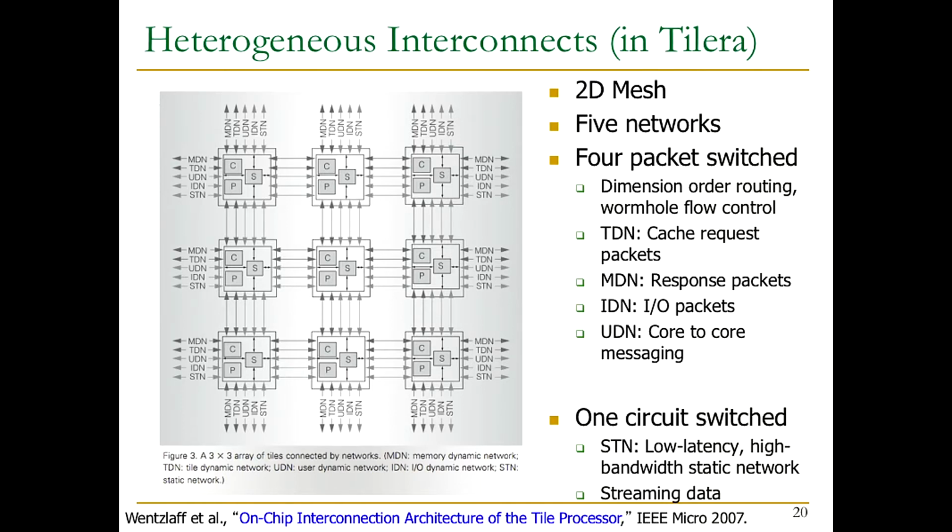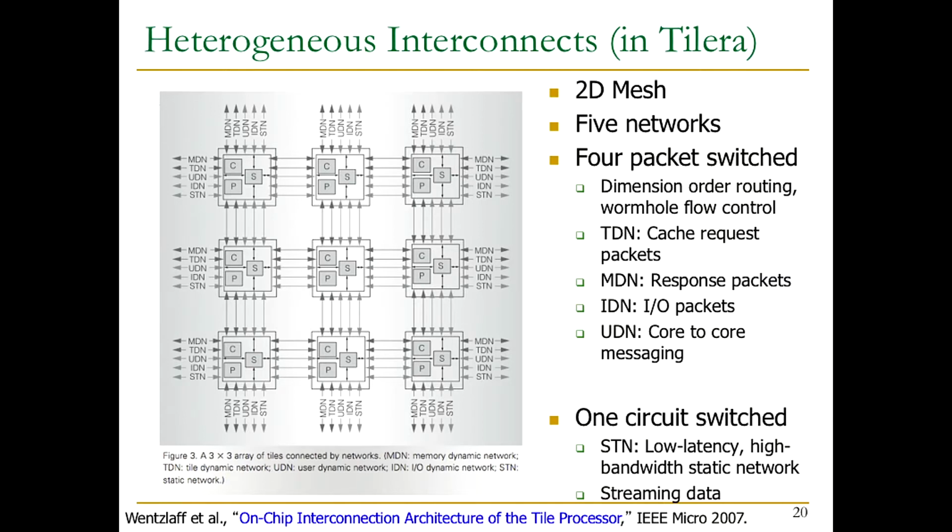Depending on the type of communication you have 5 different networks that are customized for that communication. For example, this one carries cache request packets. This one carries response packets only, because these are actually different. Because requests are actually much smaller, response packets are much larger. If you're getting a huge cache block, for example, here this may be 1 byte, this may be 64 bytes, right? You don't want them to be interfering with each other.